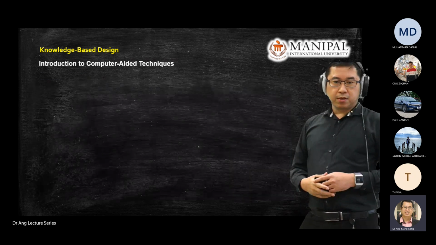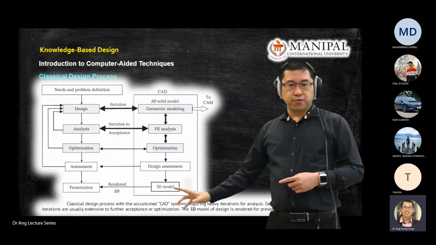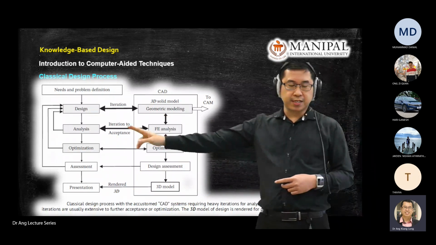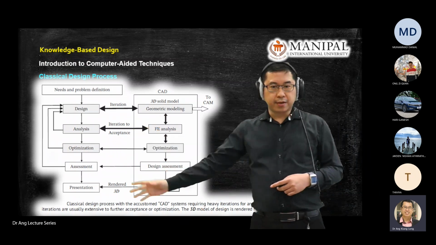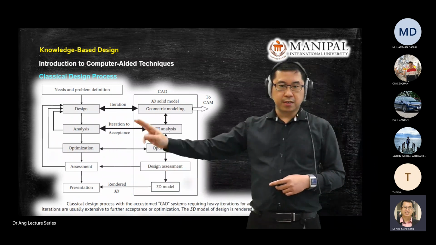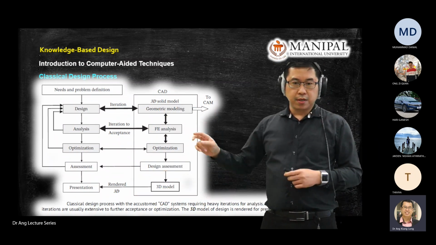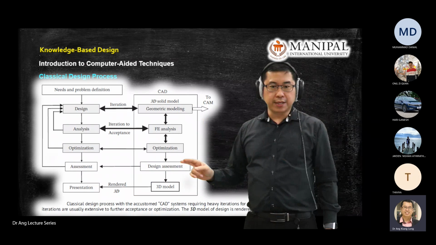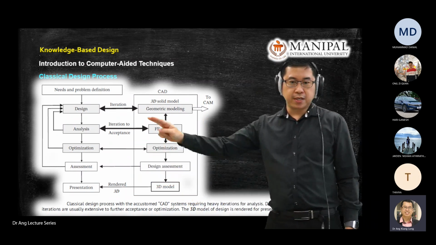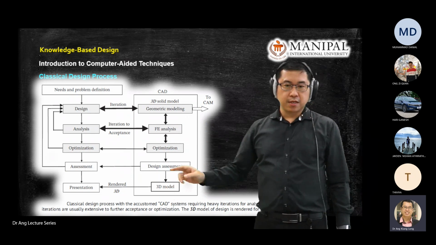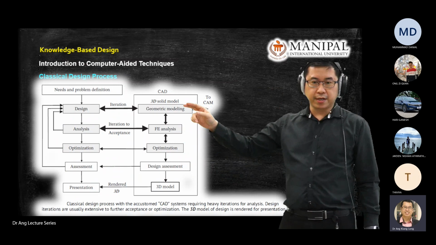So this is the classic flowchart for the classic design process. It consists of two parts. One is the CAD drawing component, where you start from geometry modeling until the 3D model. You will be experiencing this process during your optimization process, and currently you are at here.